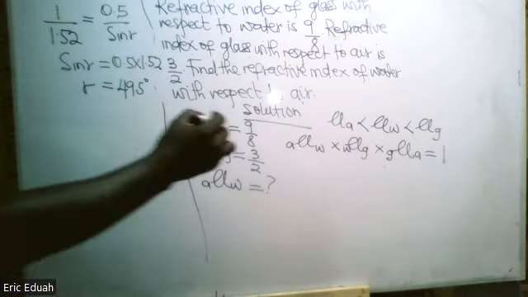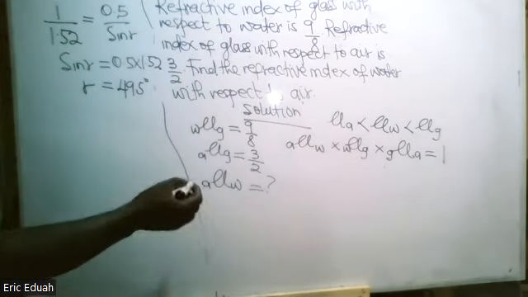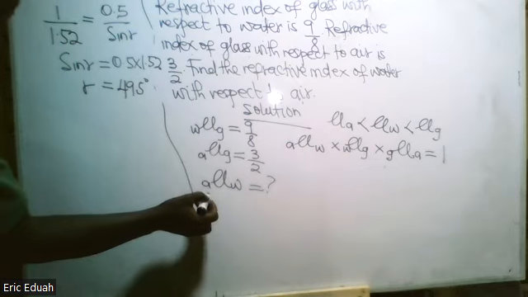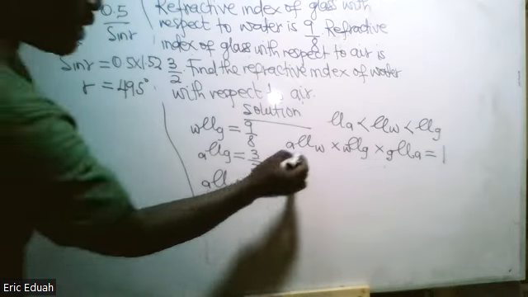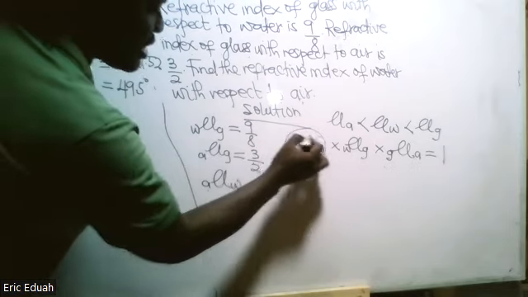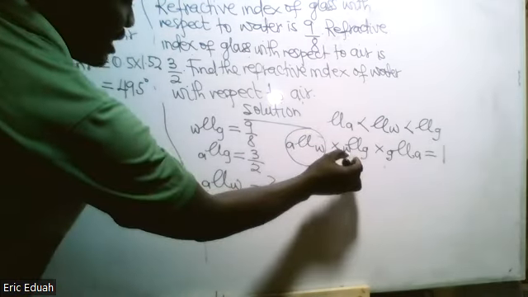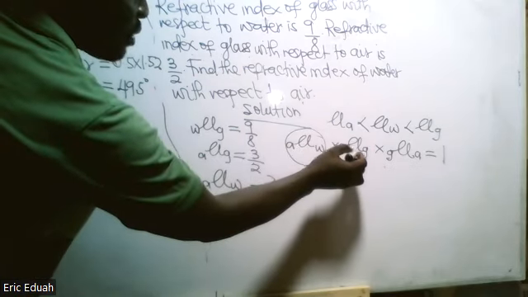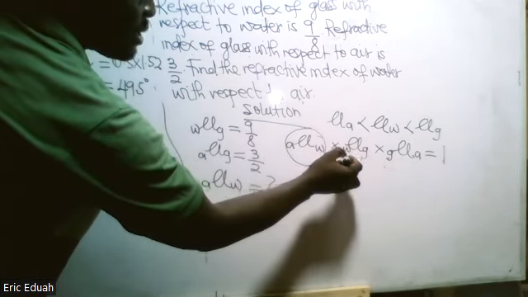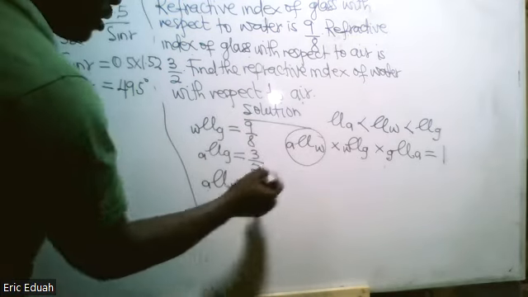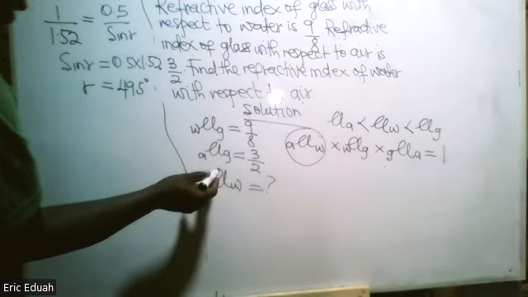Okay, so this is how you are going to determine the unknown. The unknown is to find the refractive index from air to water. So we are actually looking for this. What do we have? The question has given us glass with respect to water, which is 9 on 8. What else were we provided?